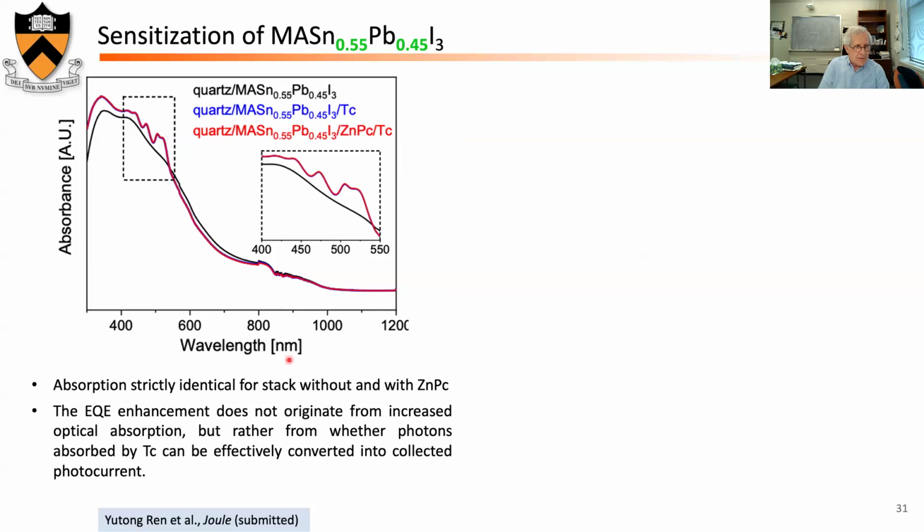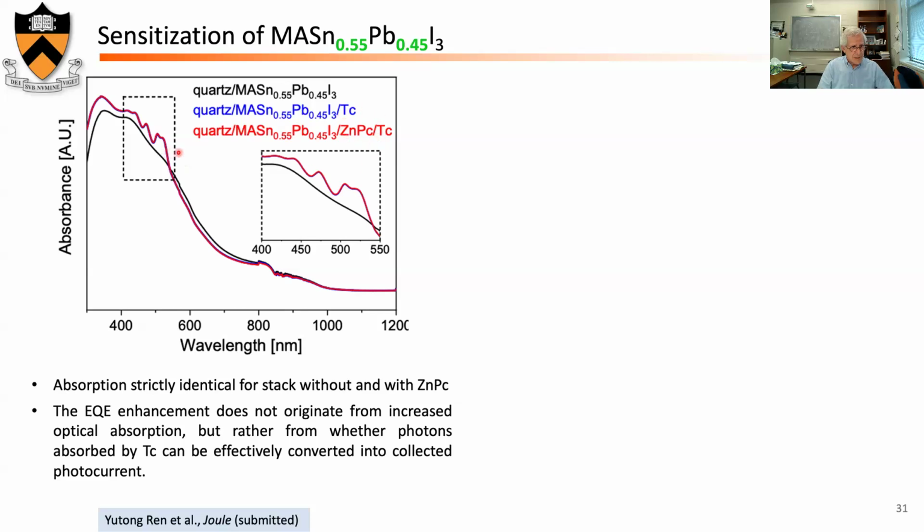We did many other experiments to demonstrate that indeed that was the process and not something else. Here, these are the absorbances of just the perovskite on quartz, then the perovskite with tetrazine, and then the perovskite with tetrazine and zinc PC.